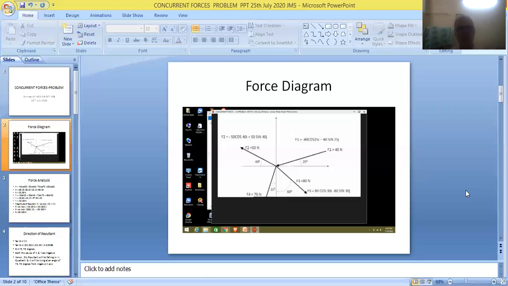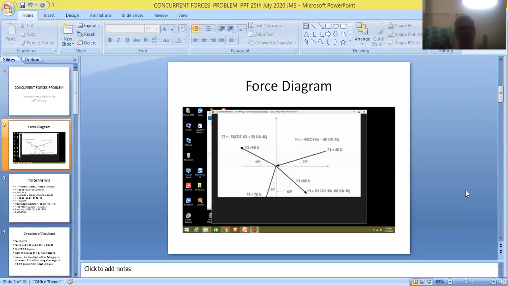So friends, naming the forces F1, F2, F3, F4, and locating the angles theta 1, theta 2, theta 3, theta 4, and writing the values of horizontal and vertical components, and giving the directions for all these components, and finally allocating plus and minus symbols based on these directions.